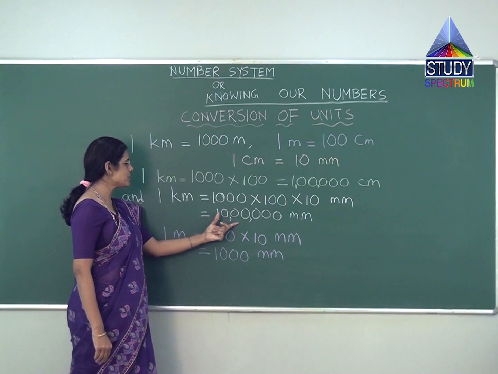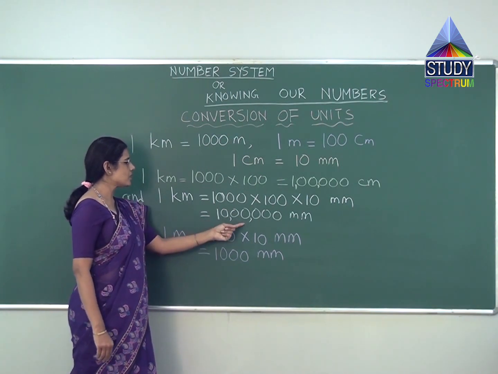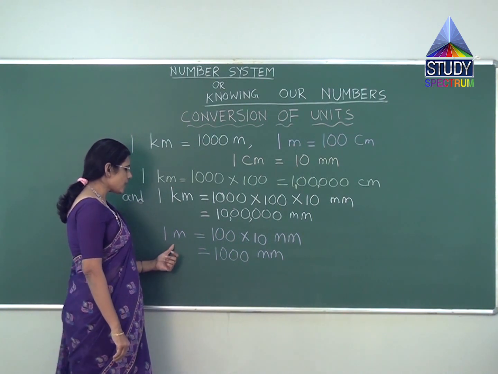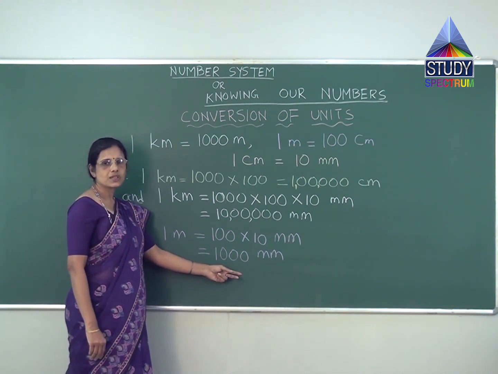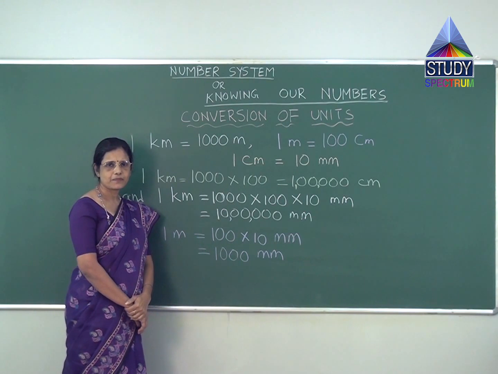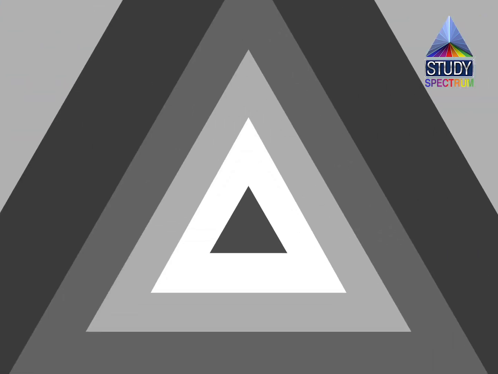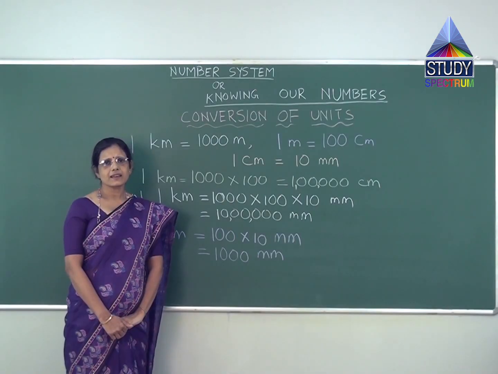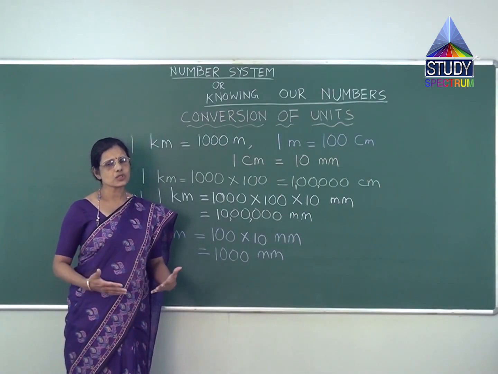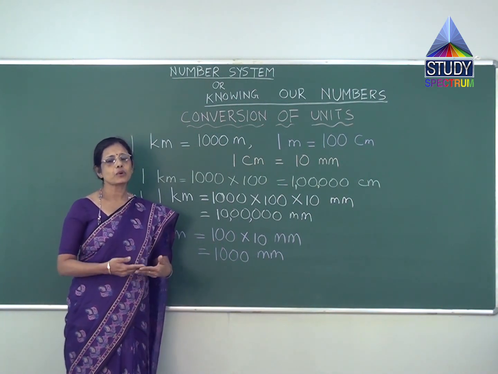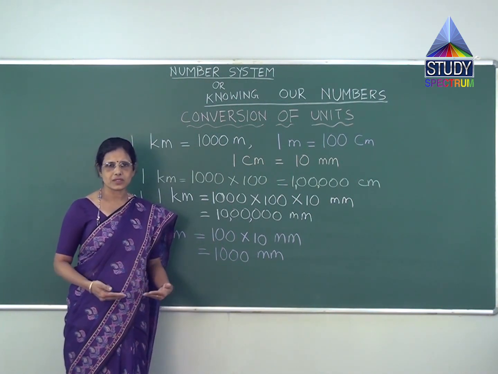The same thing will come, 1 kg equal to 10 lakh milligram, and 1 gram equal to 1000 milligram. That is the weight for solid items. If we say for the liquid, that is also weight, but the liquid and solid, both we use different units.